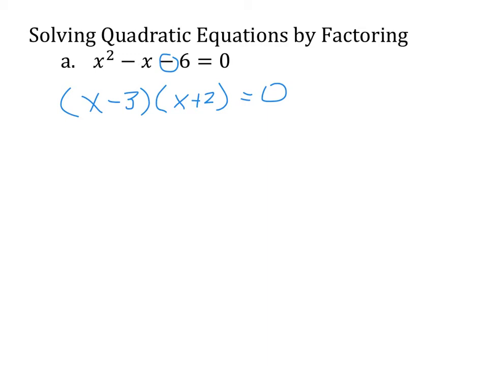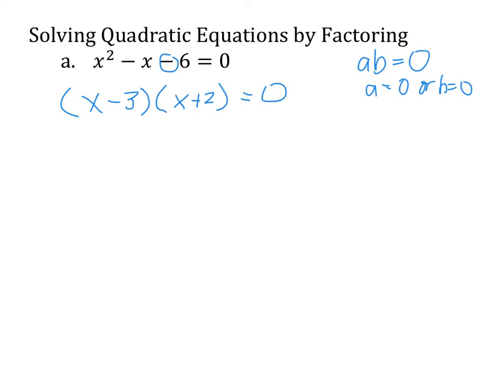And now, because of my zero property, and again my zero property states that if AB equals 0, then A is 0 or B is 0, right? So if I have x minus 3 times x plus 2 equal to 0, that means at least one of those has to be 0.